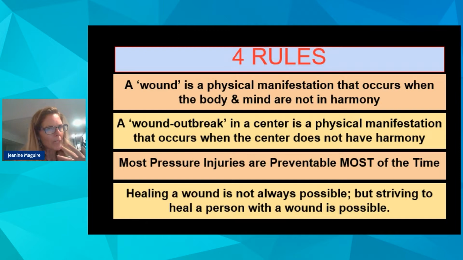Also remember that regardless of the conversation around social determinants, even that individual who is very unhealthy and has chronic disease, most pressure injuries, so that one particular type of chronic wound, most pressure injuries are preventable most of the time. Not all of the time, but most of the time.